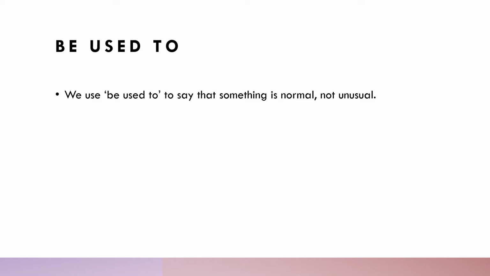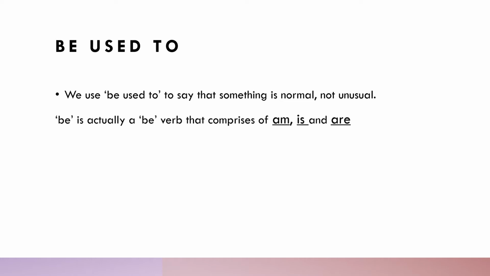We use be used to say that something is normal, not unusual. Let's take a look at the example. Just now I mentioned that the word be here is actually a be verb, which comprises am, is, and are. Now let's look at the example for be used to.